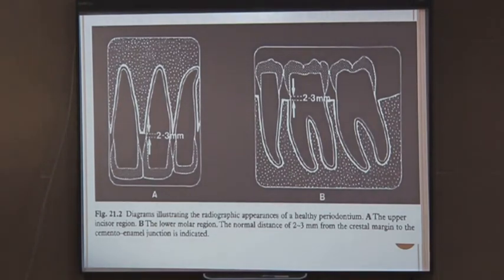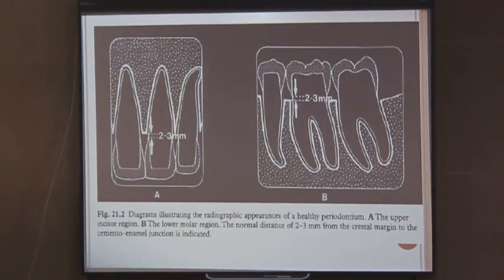This is important. If you are going to have 2 to 3 mm of tooth visibility from your alveolar bone, it is considered normal. Beyond which it goes, bone loss. You understood? From your CEJ, if your bone height is just 2 to 3 mm distance, then it is normal bone. If it is beyond that, it is bone loss. This is an MCQ question.